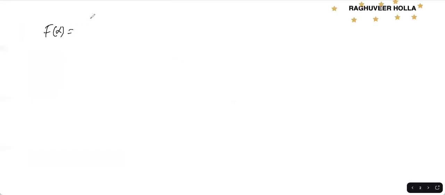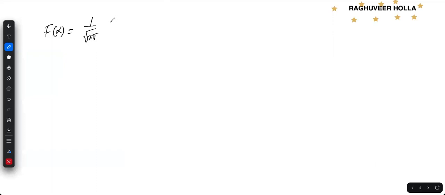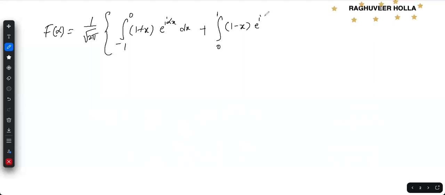As I said, F of alpha is 1 by root 2 pi, braces, minus 1 to 0, 1 plus x, e to the power of i alpha x dx, plus 0 to 1, 1 minus x, e to the power of i alpha x dx, close the braces.